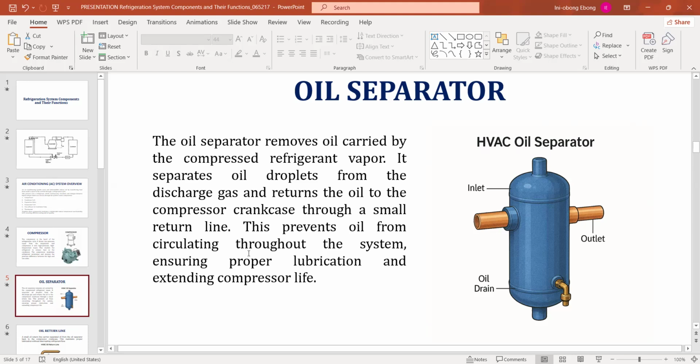Where that refrigerant is leaking out from, oil is also leaking out from there. That oil is supposed to go back to lubricate your compressor, not only lubricating, it also serves as a cooling agent for that compressor. So if you go around topping up refrigerant, you end up damaging your system. That compressor will black out. That small compressor has 6 to 8 pistons inside. So if it's running without oil, what does that mean? Moving metal on metal.